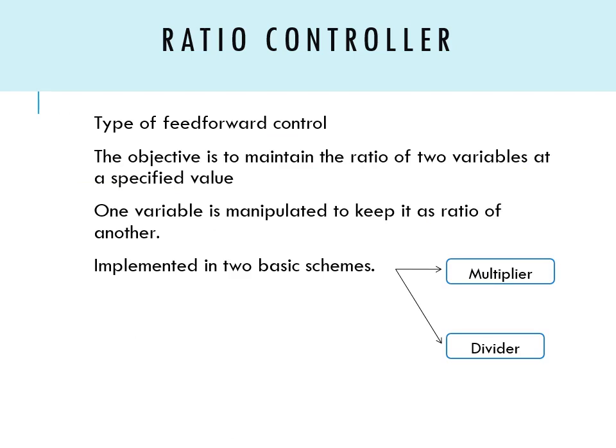The ratio controller is basically a type of feed-forward control. As mentioned earlier, the objective is to maintain the ratio of two variables at a specified value. One variable is manipulated to keep it as a ratio of another. It implements two basic schemes, which are the multiplier and the divider. For a multiplier or multiplying relay, the mixed ratio is represented as an adjustable parameter on the operation display and is thus more readily accessible for change.